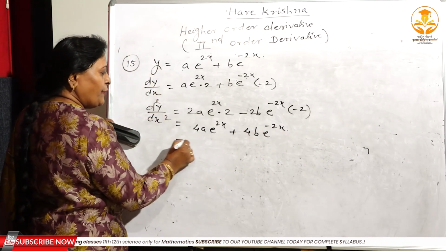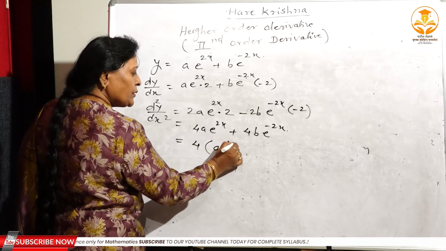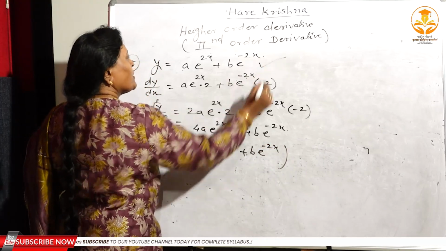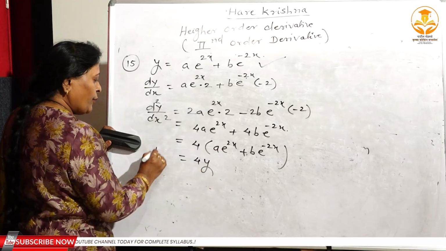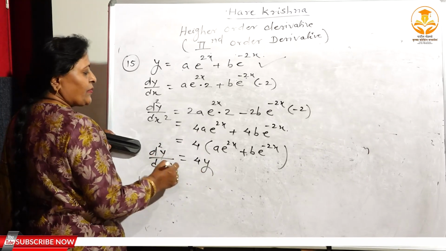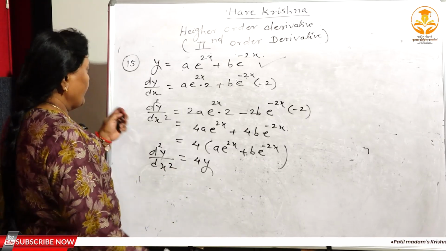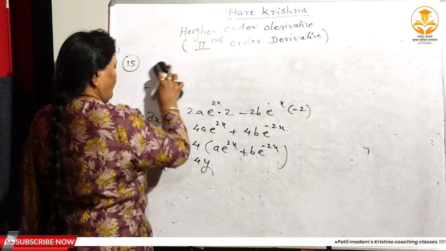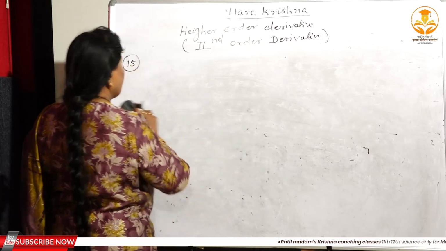You can take 4 common: a e to the power 2x plus b e to the power minus 2x, and this is nothing but y. Therefore d2y divided by dx square is equal to 4y. This is about the 15th one. So again, we will take the 16th one.